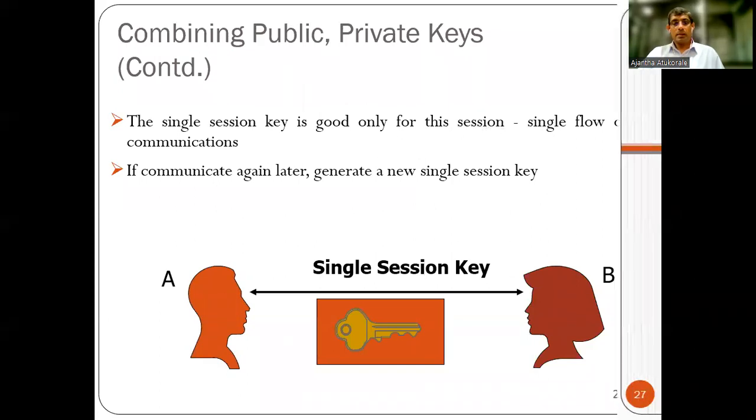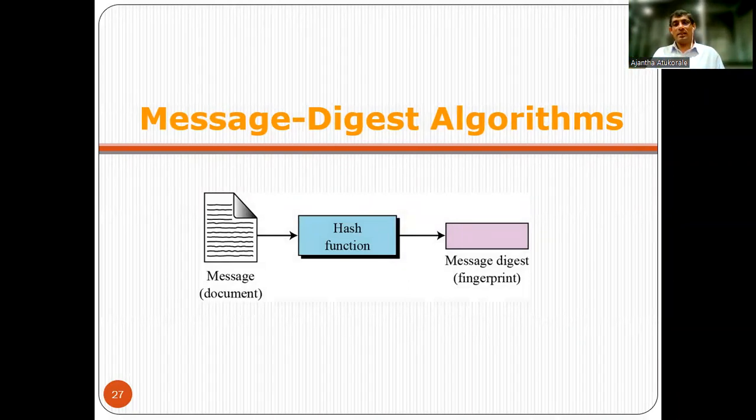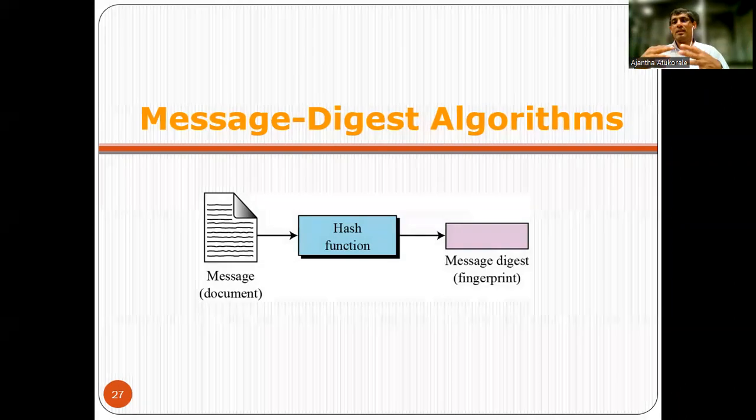You can generate it again. So that's another method, where the session key idea is very easy. If you know both ones, it's just a combination of them. First we start with two keys and then you move to a single key.